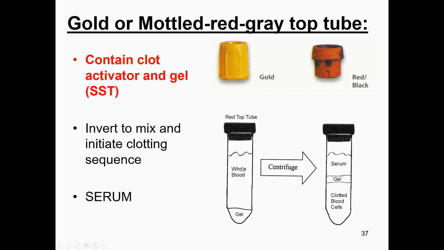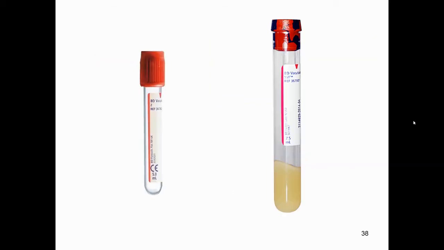By the time you introduce the whole blood and centrifuge after, the gel separates the serum from the clotted blood cells, so that it is the serum you get when performing different laboratory procedures. So that is for the serum separator tube, or those that use separator gel. That is for the gold, red gray, or red black tube.